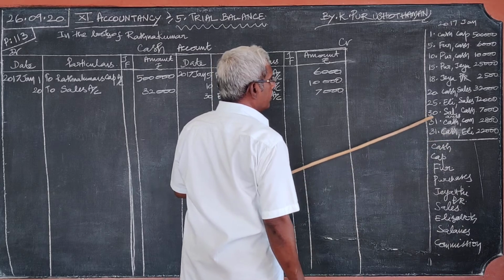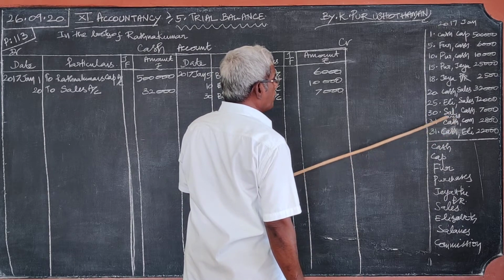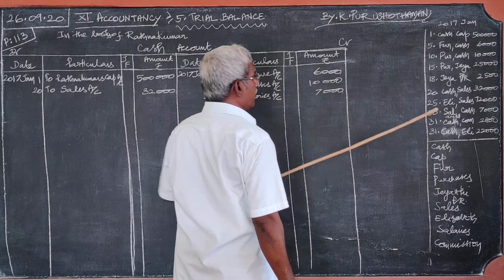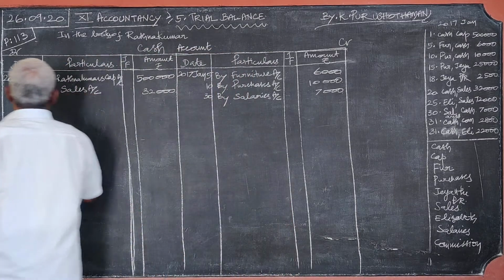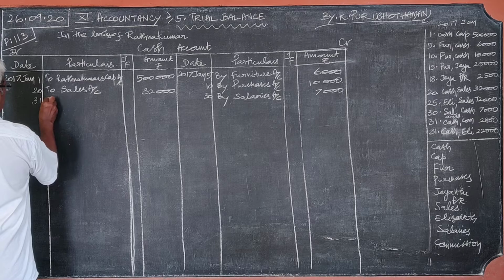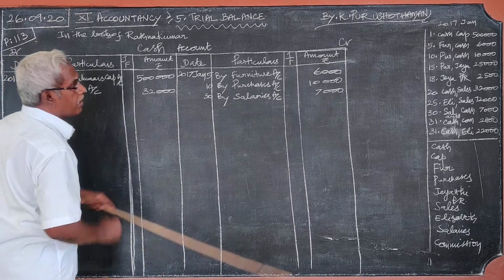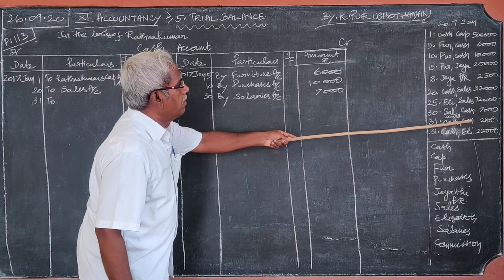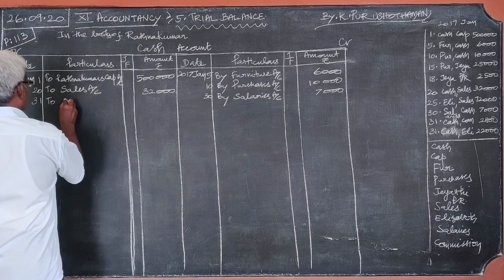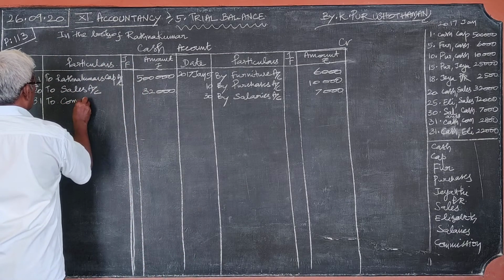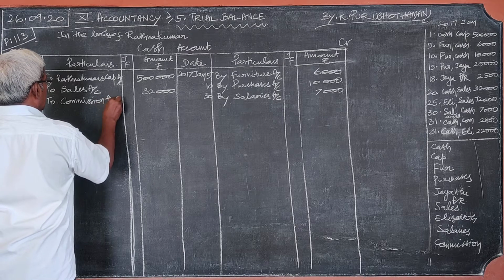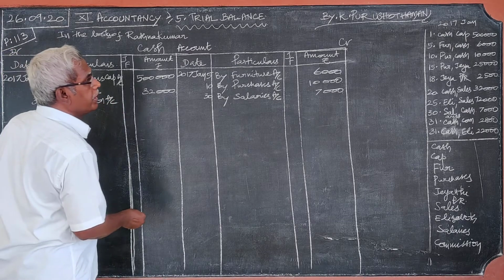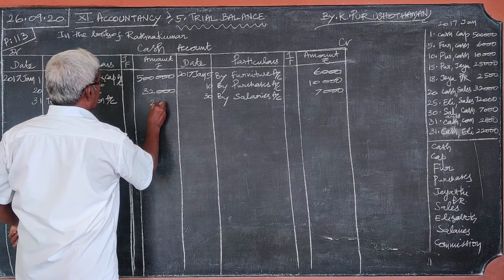Then on 31st in both the items cash are coming only on the debit. So 31st on the debit side, to what is coming along with the cash? To commission account 2,800.